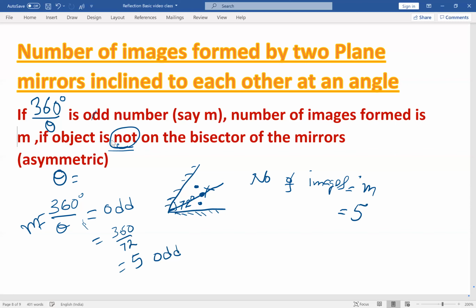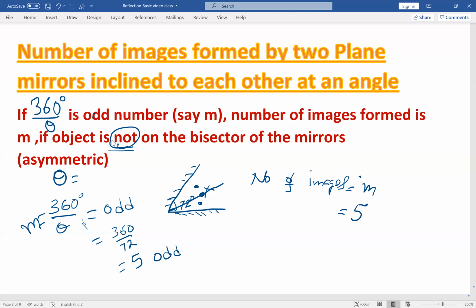Here you be careful with this. You have to see whether 360 degrees by theta is odd. If it is even, whatever the position of the object, it is m minus 1 only. If 360 by theta is odd, you have to check two cases: whether it is on the bisector or not.